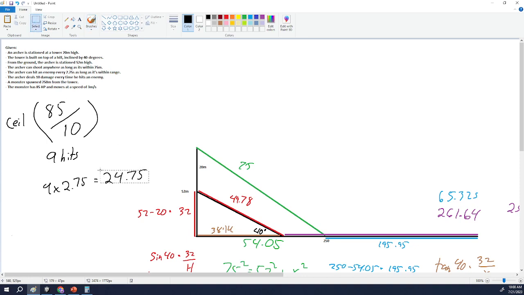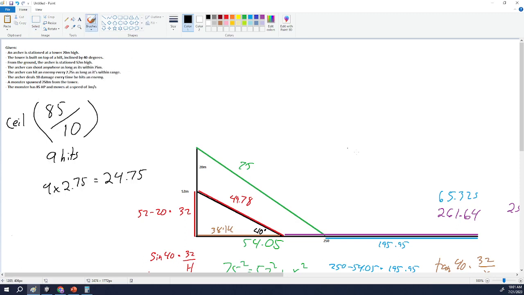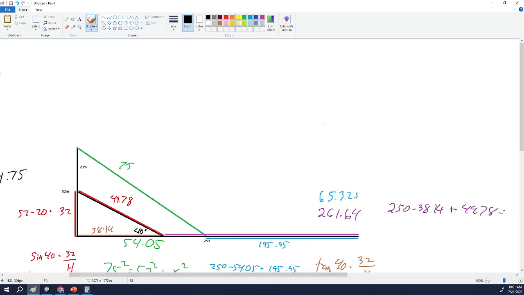So we add this up. 24.75 plus yung acquisition time 65.32. It will take him 90.07 seconds. So it'll take him 90.07 seconds.